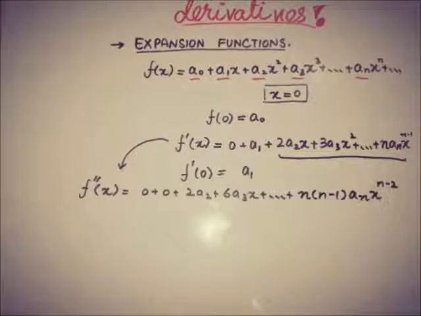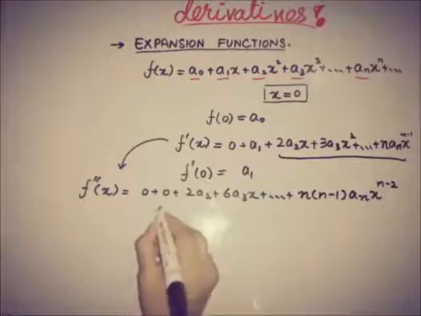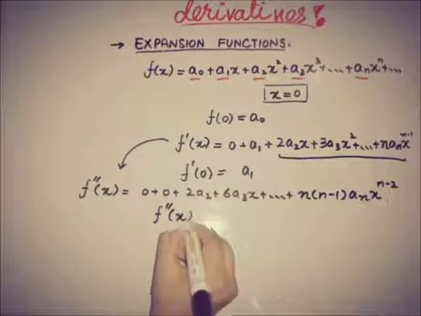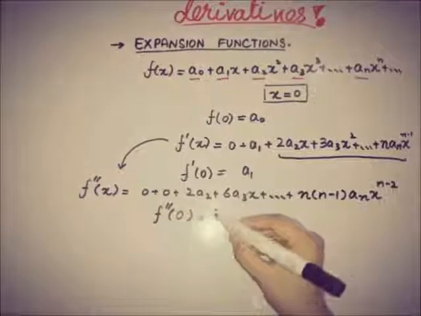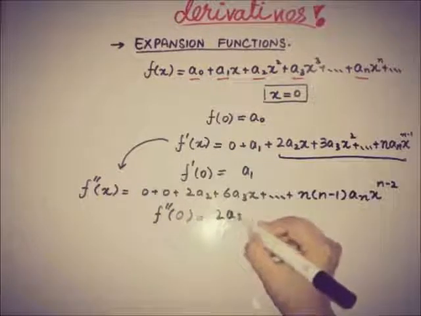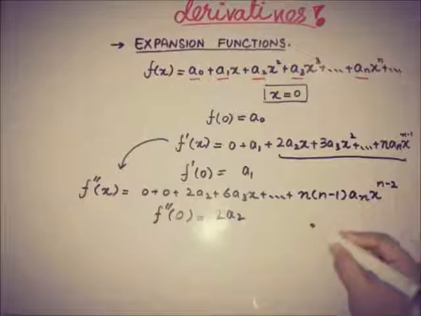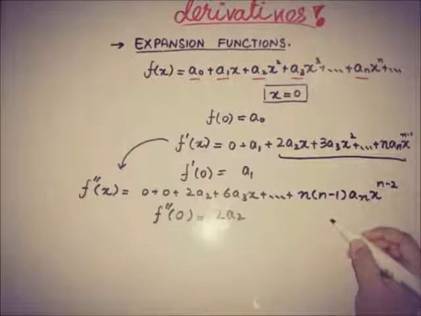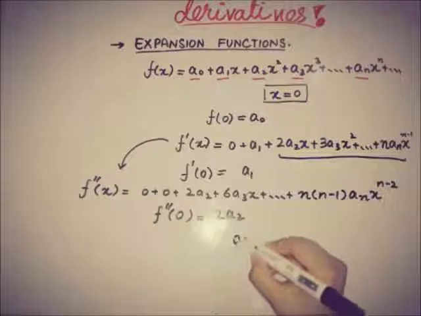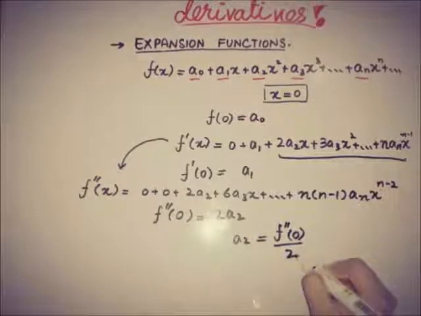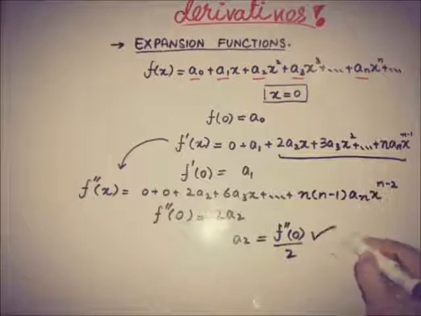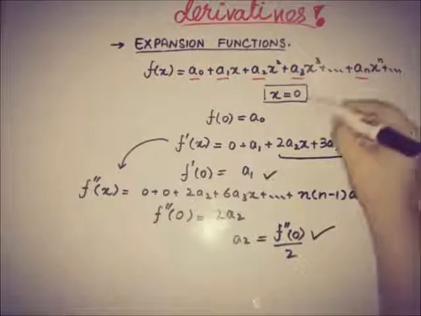By putting x equal to 0, we get the second derivative at 0 equal to 2a2, and all of the other elements are eliminated. So the value of a2 will be f double prime at 0 divided by 2. So this is the value of a2, this is the value of a1, this is the value of a0.